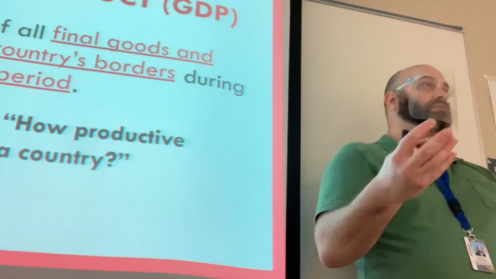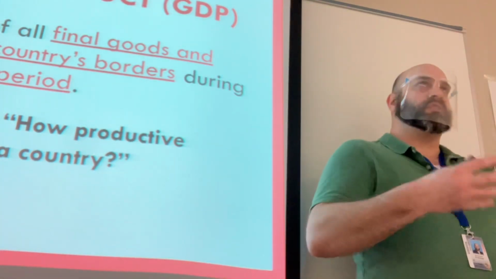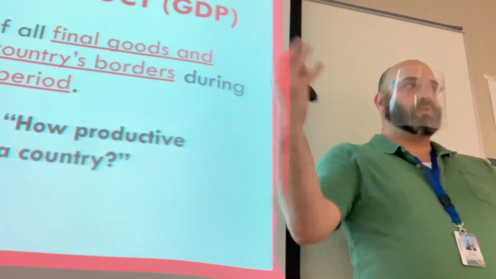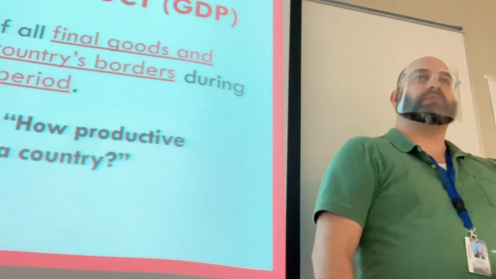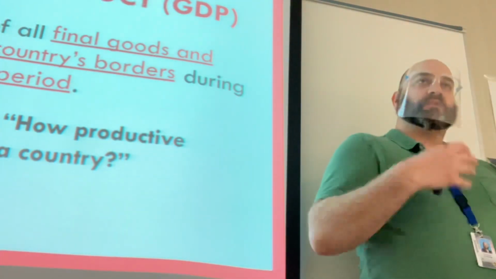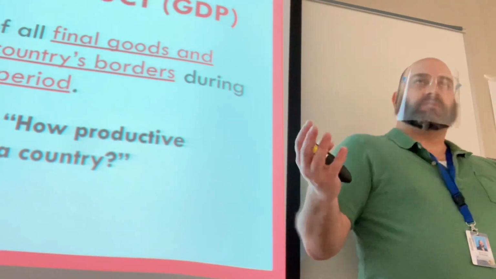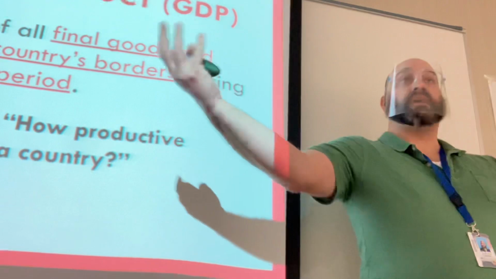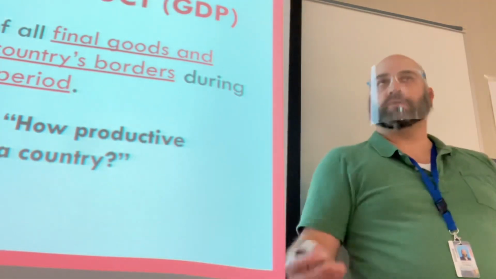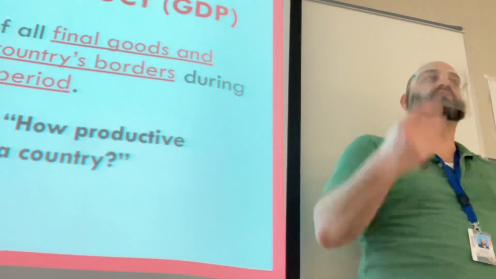The workers are getting paid, and they're going out and spending money within our economy. All the money that the workers at Toyota in Princeton, Indiana earn is part of our gross domestic product, and all the money that they spend on food and groceries and clothes, all that goes toward our gross domestic product.